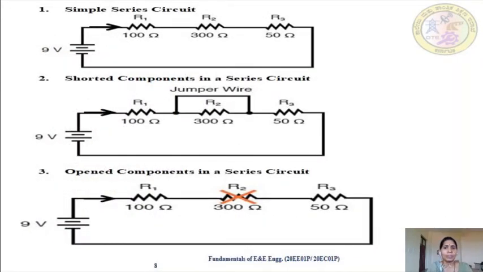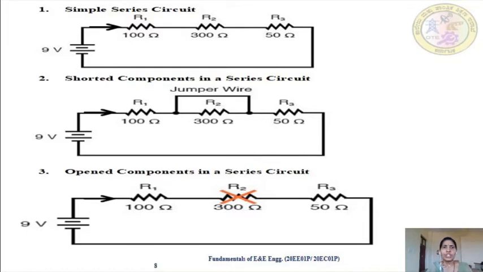First one shows the simple series circuit in which a 9-volt battery is connected to resistors R1, R2 and R3. The values of the resistors are 100 ohm, 300 ohm and 50 ohm, connected in series.